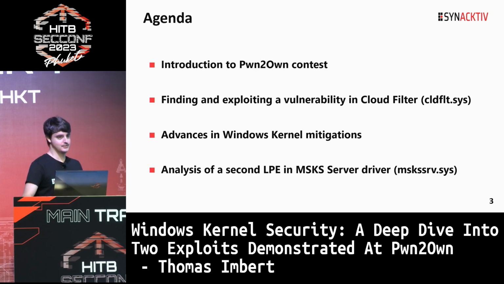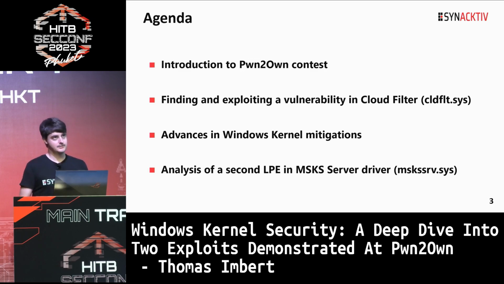So today, what are we going to talk about? First, I will introduce what Pwn2Own is. It's a competition, and we will see what it's about. Then I will speak about the first exploit, which is a use after free in the cloud filter driver. We will see how I found the bug and how I exploited it for Pwn2Own.